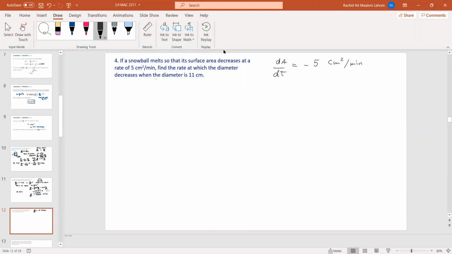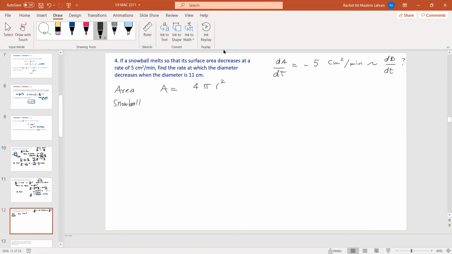It's a snowball, so what is the area for that? This is what's given, and you're asked for the rate of the diameter. Let's use capital D for the diameter. The area for the snowball is 4 pi r squared.